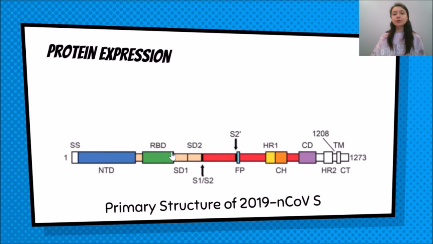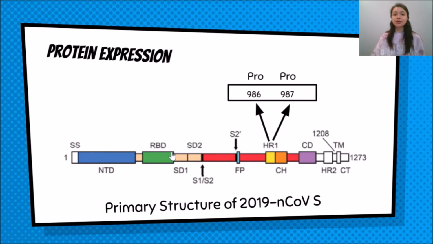Two stabilizing proline mutations in the C-terminal S2 fusion machinery were added to the sequence. The resulting primary structure is shown here, colored by domain. Regions in white are representative of domains excluded from the ectodomain construct or ones that couldn't be visualized after CryoEM. We'll see this figure again later in the results section.